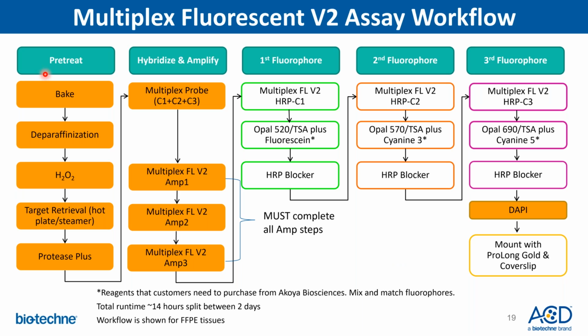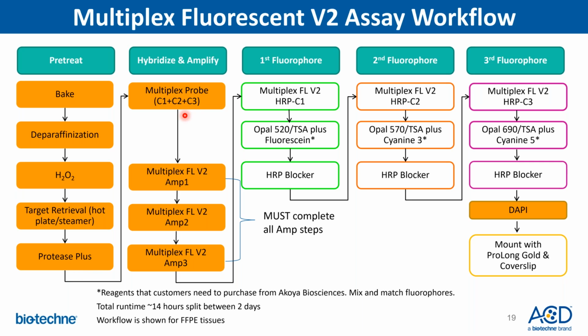So as I mentioned at the start of the webinar, the workflow starts with pre-treatment, which includes bake and deparaffinization for FFPE samples, followed by a hydrogen peroxide step to kill the endogenous peroxidase, which is important because this is an HRP-based detection that we're going to be doing, followed by antigen retrieval using a hot plate or a steamer to reverse the formaldehyde crosslinks that are formed during the process. And then you will have the protease step to digest the extracellular matrix, which is also crucial for the probes to gain access to the target RNA.